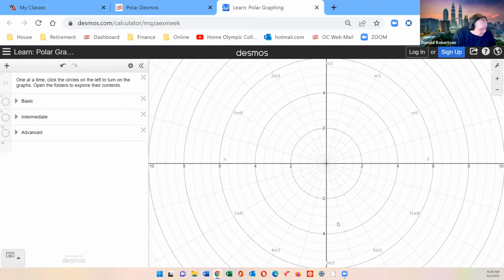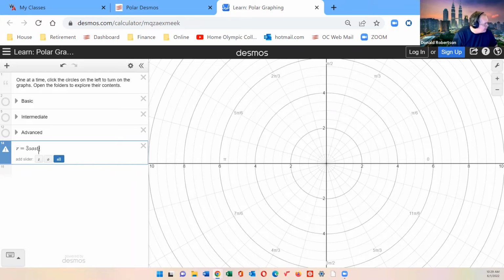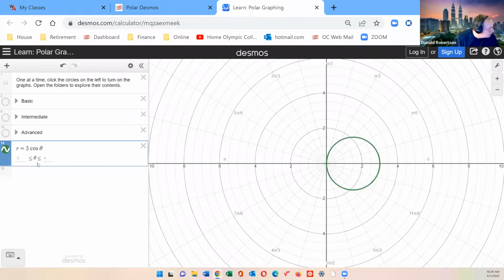This is polar. Now, if you want to type in or use it, let's do r equals 3 cos theta. And I believe if you just type in the word theta, you get theta. It helps when you hit the right keys on the keyboard. God, I get big fat fingers. It's a circle that's off-centered. Do you see that?